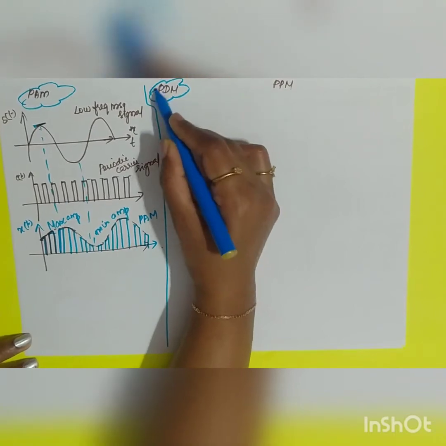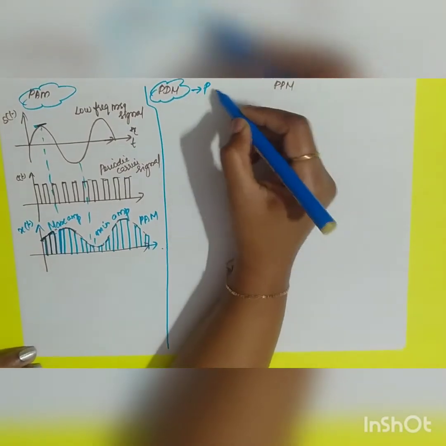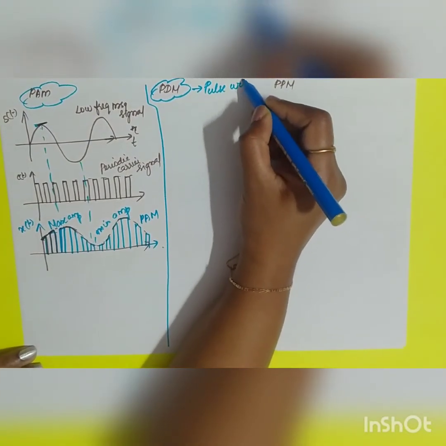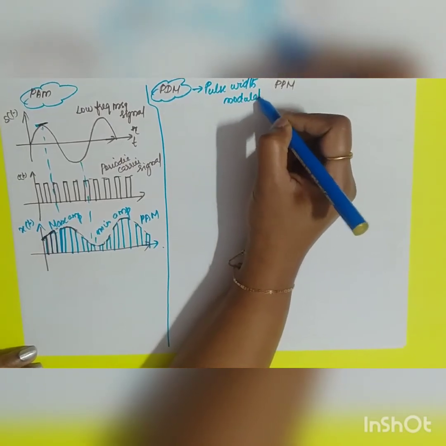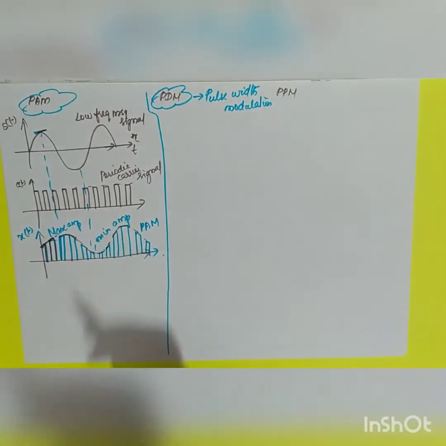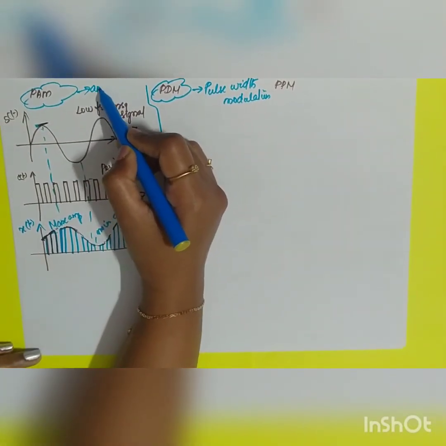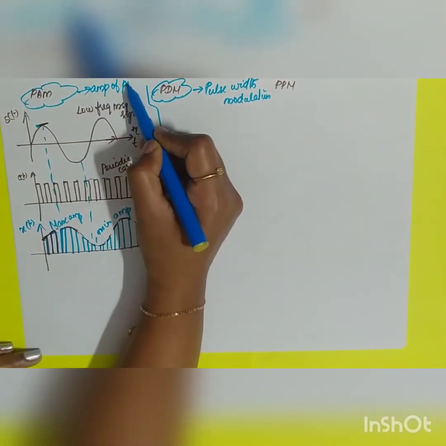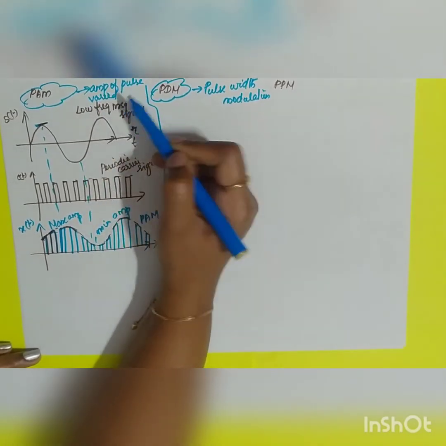Next one is your pulse duration modulation. This pulse duration modulation is also called by another name, pulse width modulation. I forgot to tell one thing: pulse amplitude modulation means the amplitude of the pulse will be varied in accordance with your message signal.